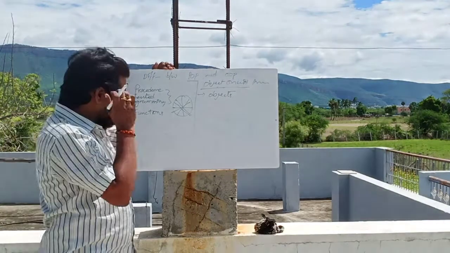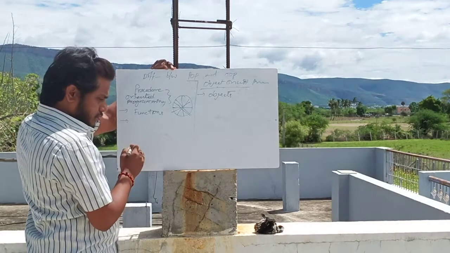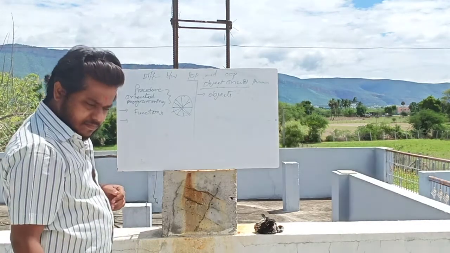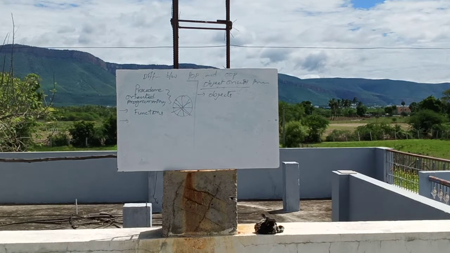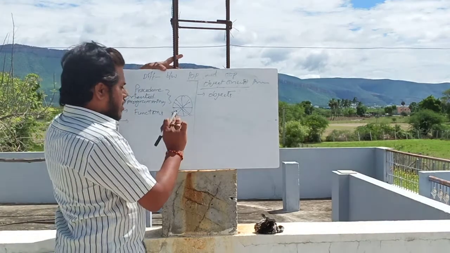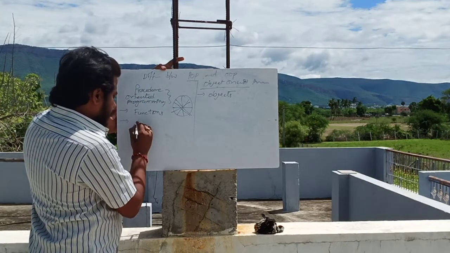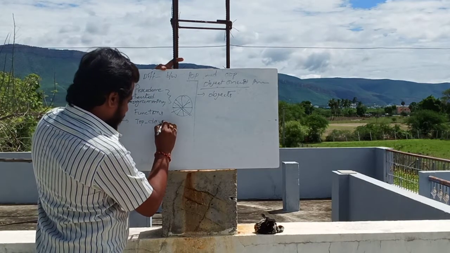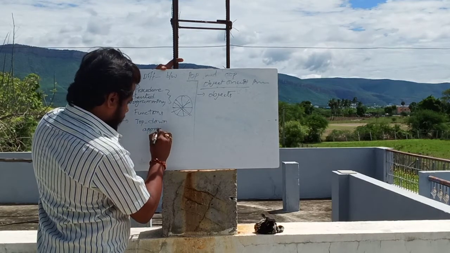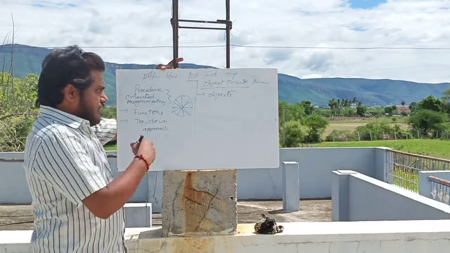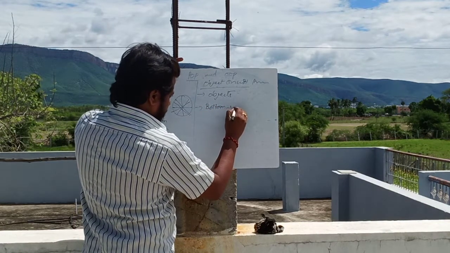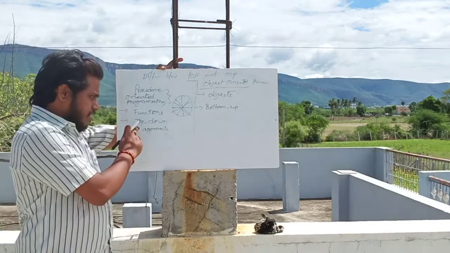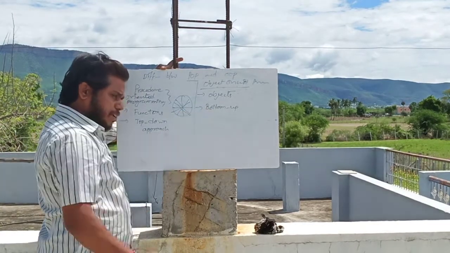The next one: procedure oriented programming follows the top down approach, and whereas the object oriented programming approach follows the bottom up approach.